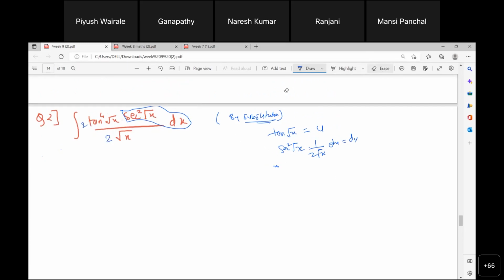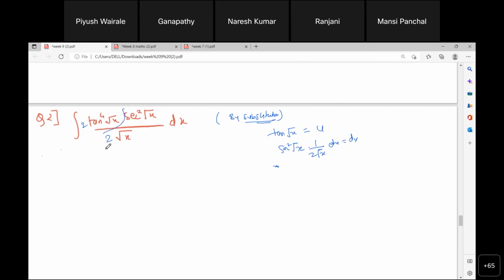So I can put this as du only, right? 2 times the integral of u to the power 4 du. Now you can simply evaluate this integral. So 2 constant outside, integral of u to the power 4 is u to the power 5 upon 5, plus c, constant of integration. You can simply resubstitute that part.